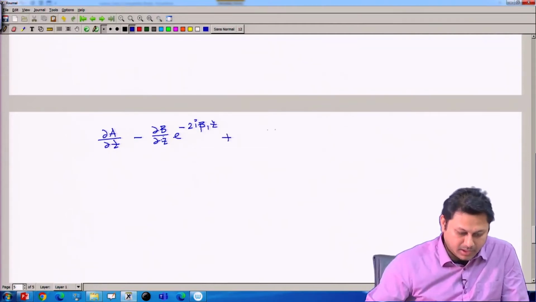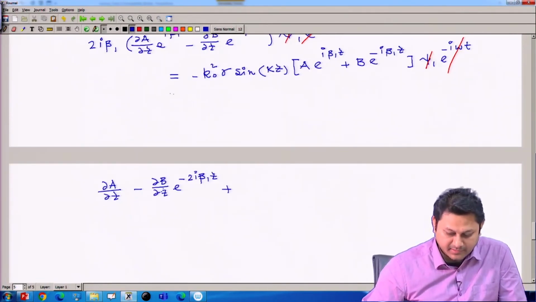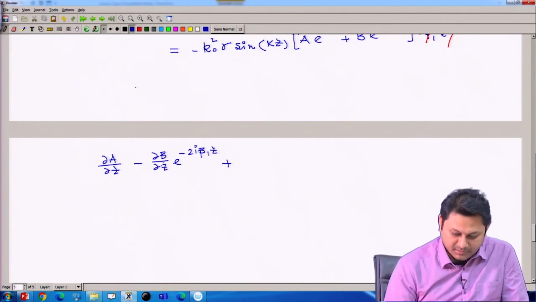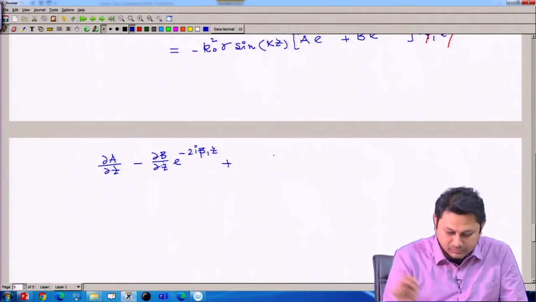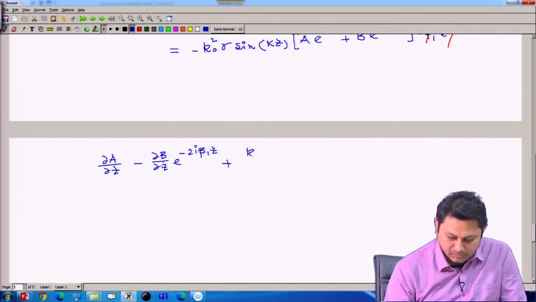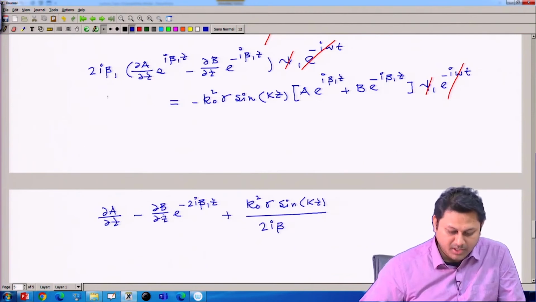Plus, I put everything in the right hand side, plus k 0 square sigma sine kz divided by 2 i beta 1, because I divide this term as well, 2 i beta 1 was there.